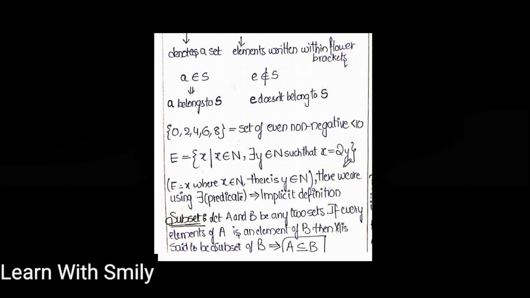Even numbers are the multiples of 2, right? So that's the reason we have written this formula. Got it? This is called an implicit definition because we are using a predicate. There is also something called an explicit definition, which is this one, which is very easy to understand. Don't complicate it more. I just want you to know what implicit and explicit definitions mean.